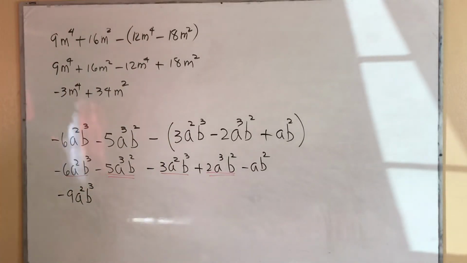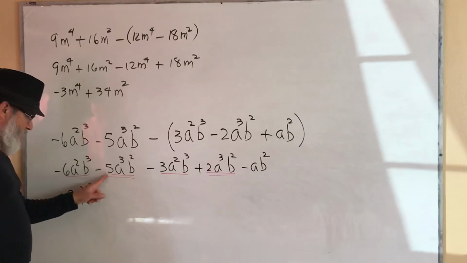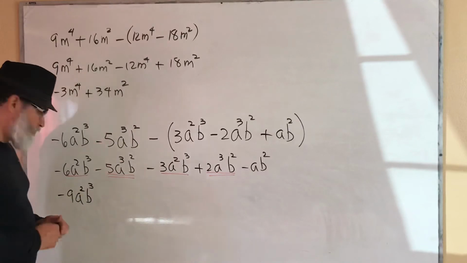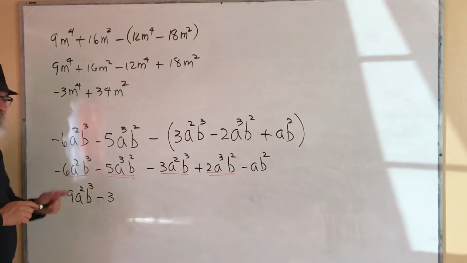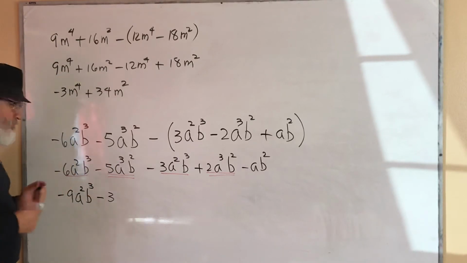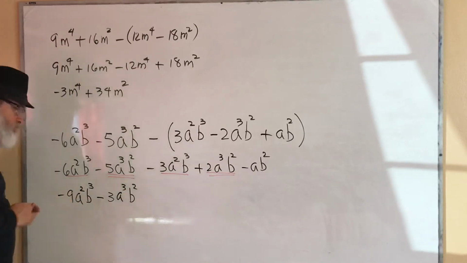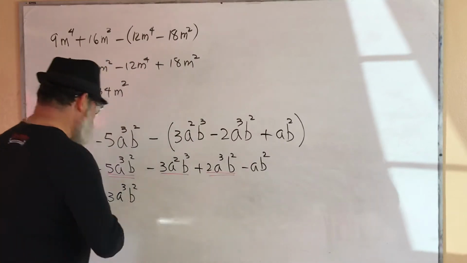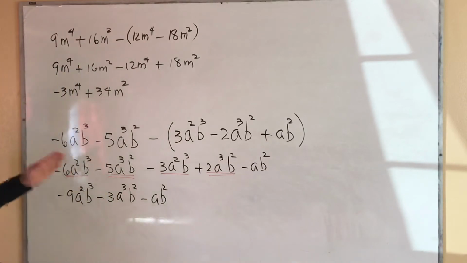To combine those two, I'll take the coefficients, negative 5 and 2. What's negative 5 plus 2? Negative 3. And I keep a cubed, b squared. Okay. And the last term is all by itself: minus ab squared. There it is.